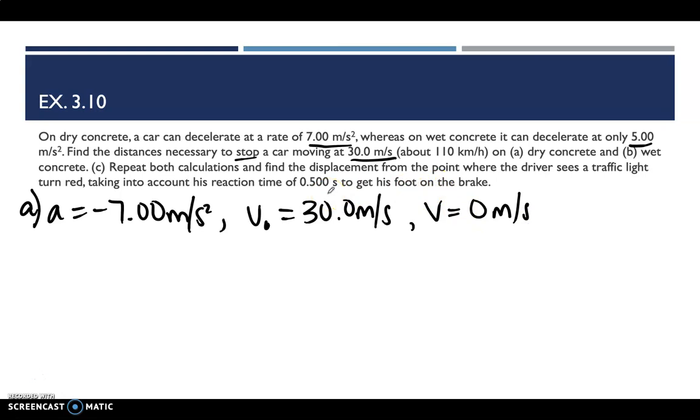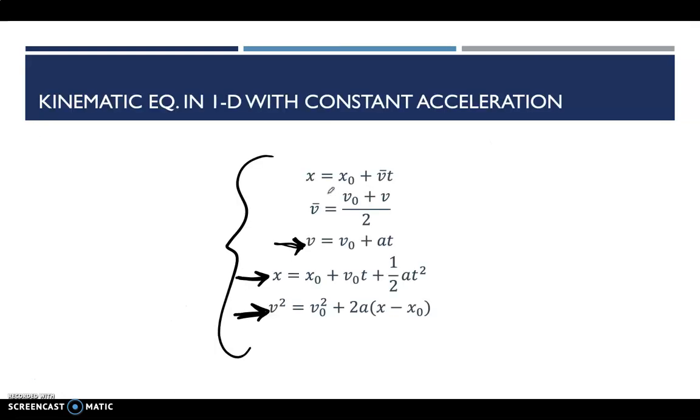Let's think about what equation we should use here. We want to know a distance. Say we start at 0 or end at 0, it doesn't really matter, but we want to know that change in distance, that total distance.